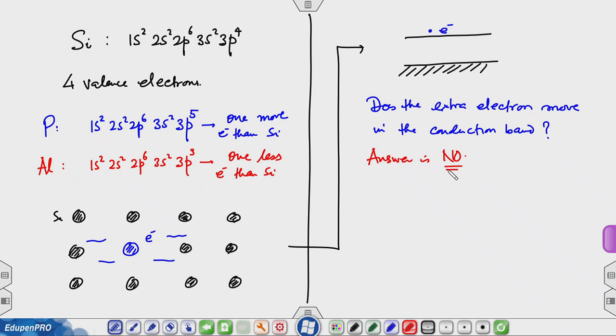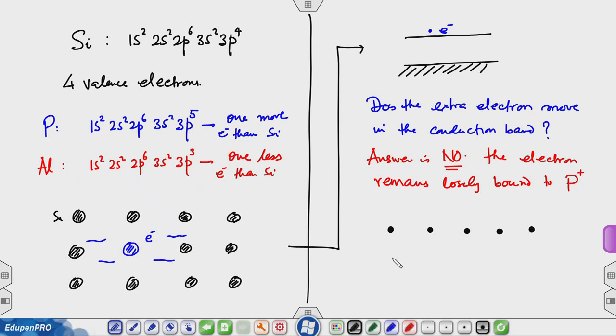Why does that happen? The electron remains loosely bound to the P plus atom. Now, why would that happen? Because you see, when we had this silicon and a phosphorus in the middle, the electron that came out left a positive charge behind.